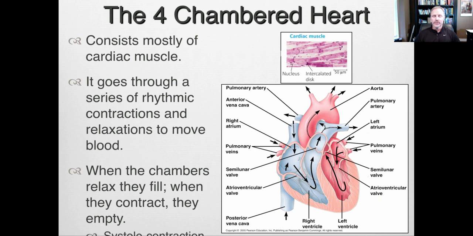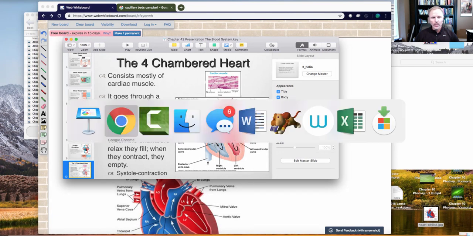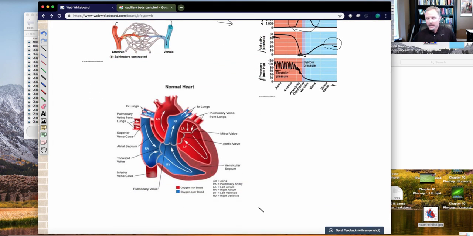Okay, so now we talked about the muscle. Okay, and the heart and the various chambers in there, and we discussed one of the things that we looked at with the heart, which was when the blood comes back into, let's see if I can maybe change the color a little bit here.